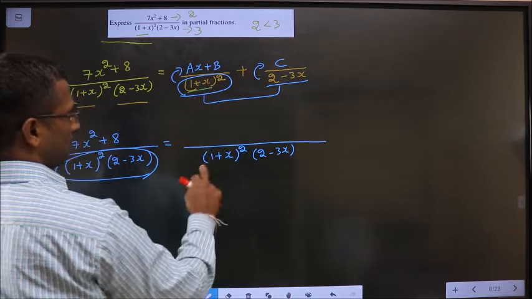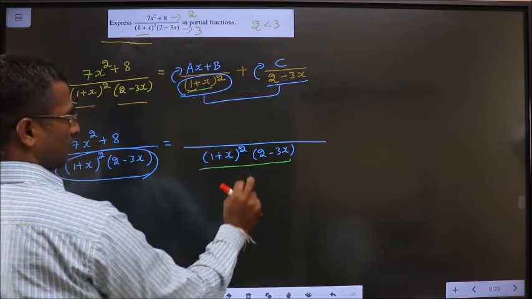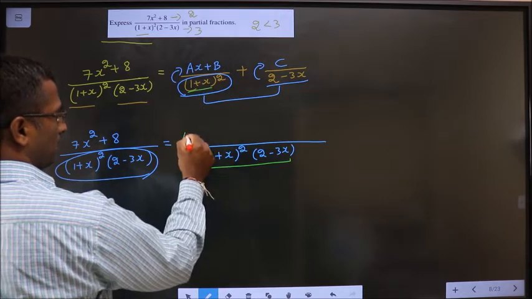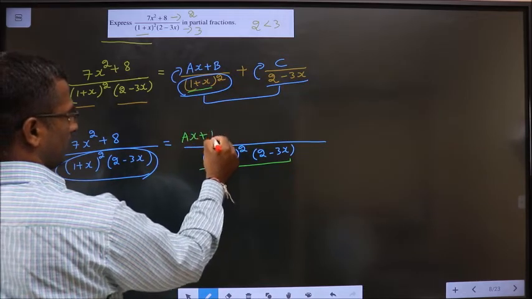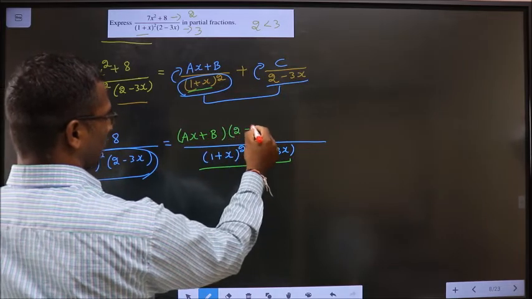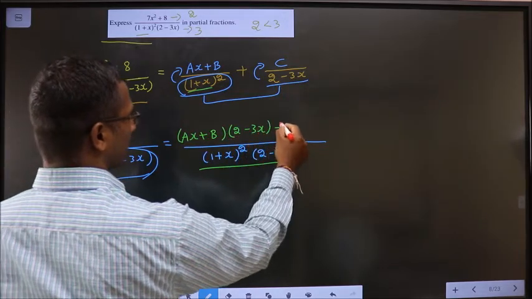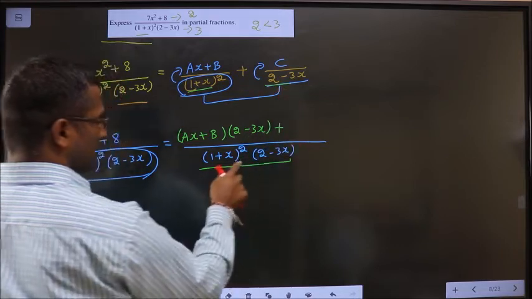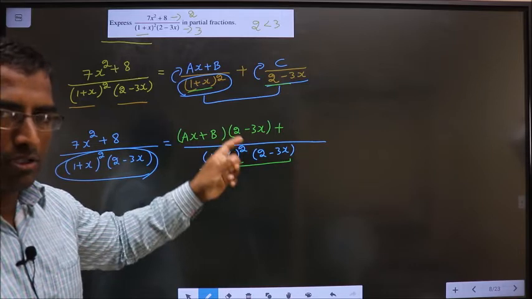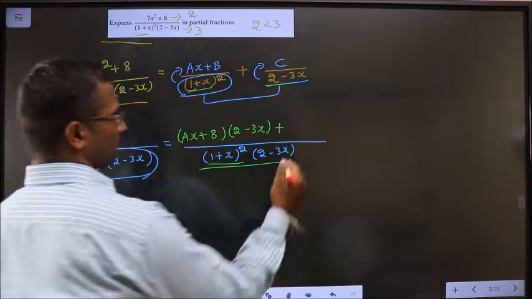Now this should become, this entire thing, the missing factor is 2 minus 3x. When I multiply to the denominator, I should also multiply to the numerator. Thus it will become ax plus b times 2 minus 3x. Here 2 minus 3x is missing. So when I multiply to the denominator, I should also multiply to the numerator.